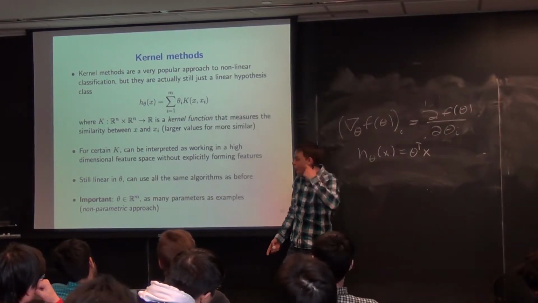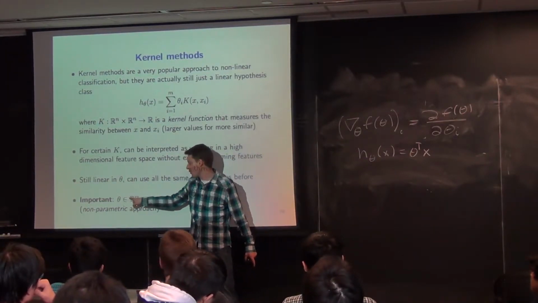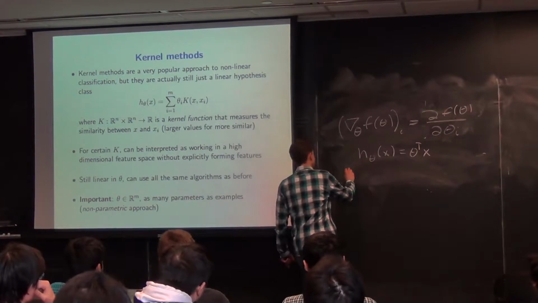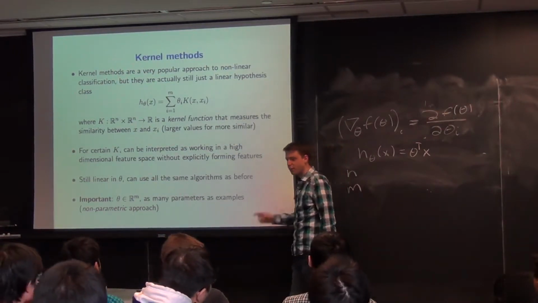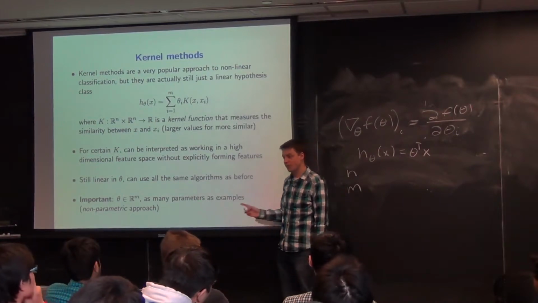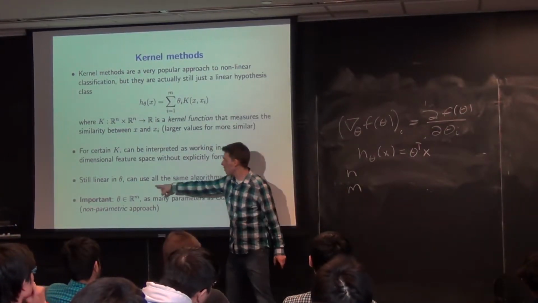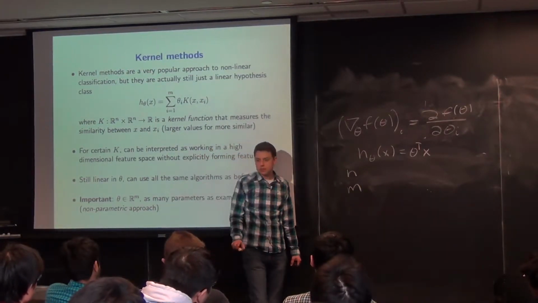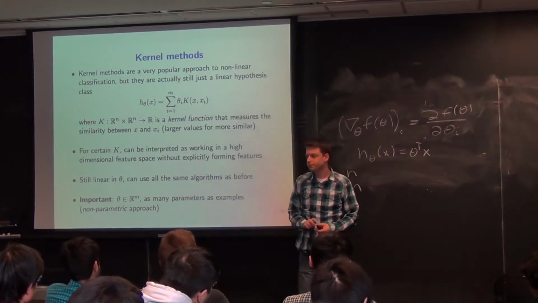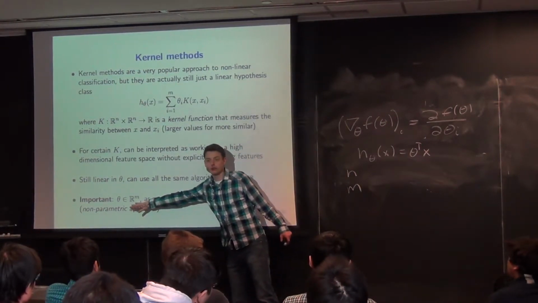Now, one important point here is that theta is now a vector in R^m. Remember, n was the dimension of our feature space, and m was the number of examples we had. Before, we always talked about theta being the size of our features. And here we're talking about theta being m-dimensional. There has to be one for each example. This means two things. First of all, we may have a lot more parameters to fit, potentially.